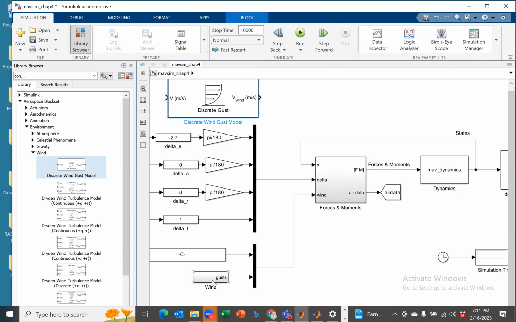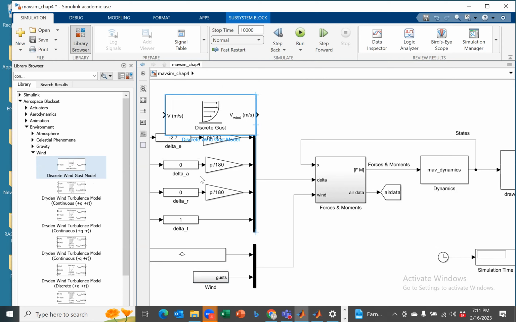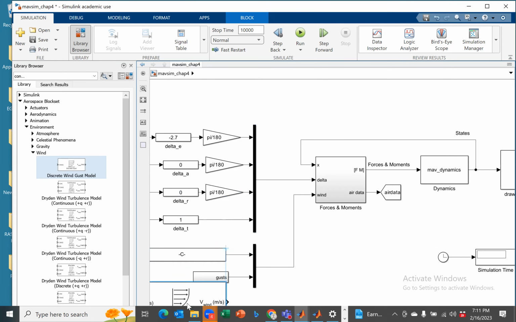So as you can see here, wind gust. Can you see here? What you can do is you can grab this and place this block instead of this gust. And then add a constant of 25 or 35, whatever airspeed. You will need the mux because finally it's going to combine all that and feed it over here.